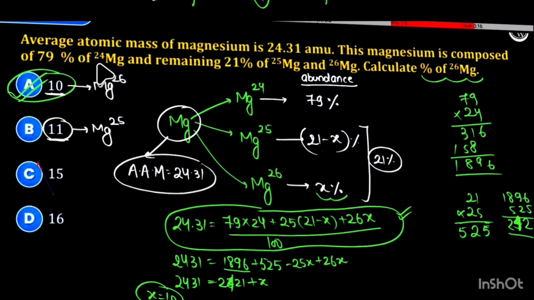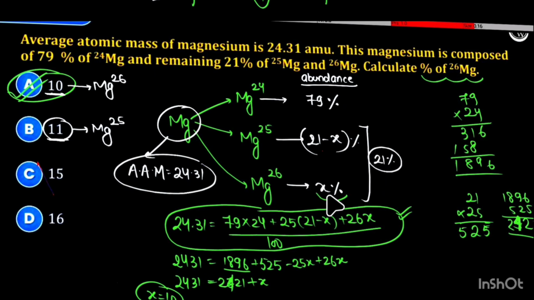In this question, the average atomic mass of magnesium is 24.31 u. This magnesium is composed of 79% of magnesium-24, and the remaining is magnesium-25 and magnesium-26. These both are 21%, and we have to calculate the percentage of Mg-26. So magnesium-24 is given 79% abundance, and magnesium-25 we have mentioned as 21 minus x, because the total of magnesium-25 and magnesium-26 is 21%.